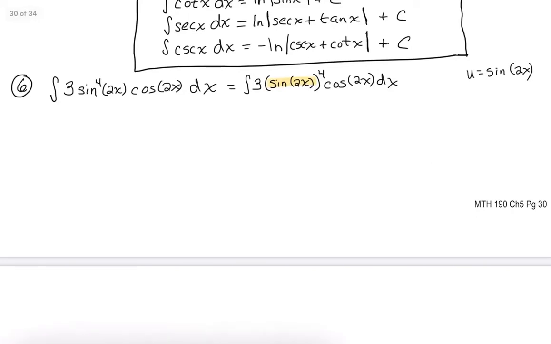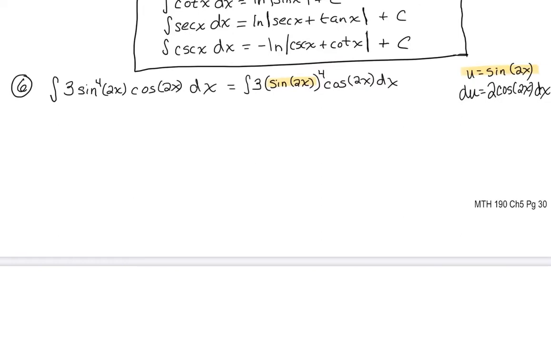So we are going to start with that big primary inside function. Okay, now we're going to take our differential. So our du is going to be cosine, so the derivative of sine of 2x is cosine of 2x times the derivative of the inside, so times another 2 there, dx. And then when we look back at what we have, don't worry about the 3, don't worry about the 2. Again, if they happen to match perfectly, we'd be really glad, and it would make it that much easier.